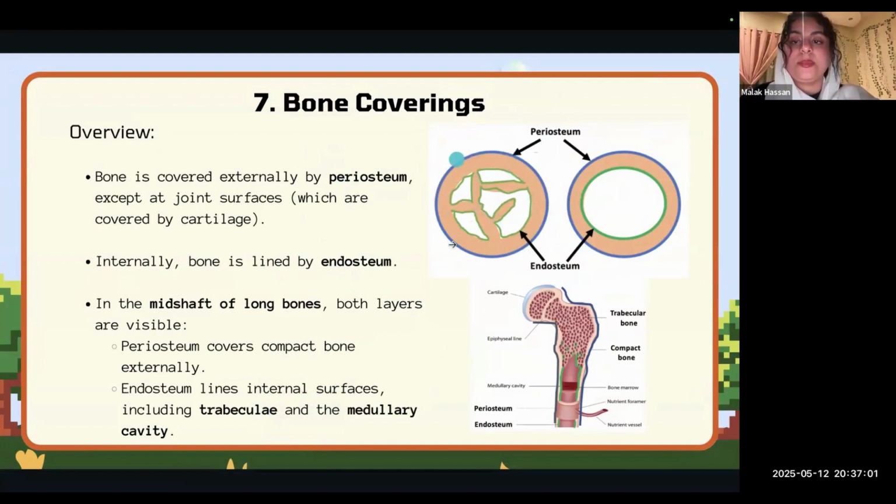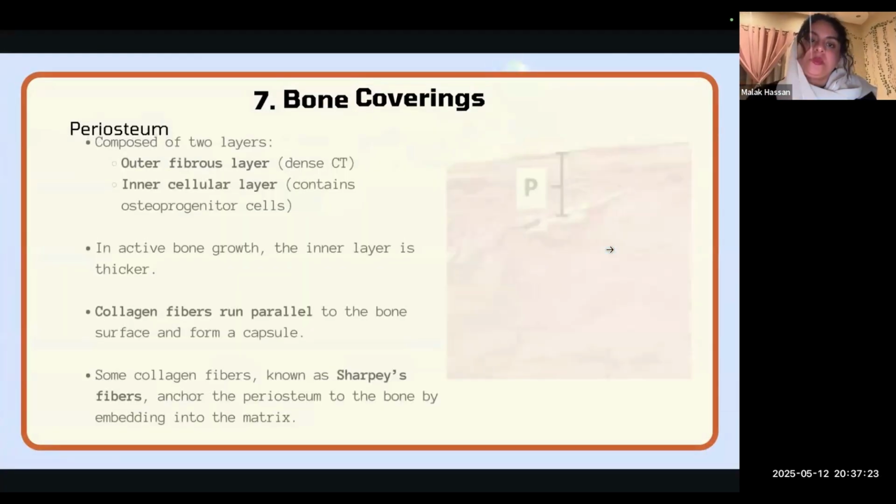On the outside it is covered by periosteum, so around, and on the inside it is covered by endosteum. It's covered by periosteum on all surfaces except the joint surfaces, which are instead covered by cartilage, and on the inside it's covered by endosteum. That's it for this slide.